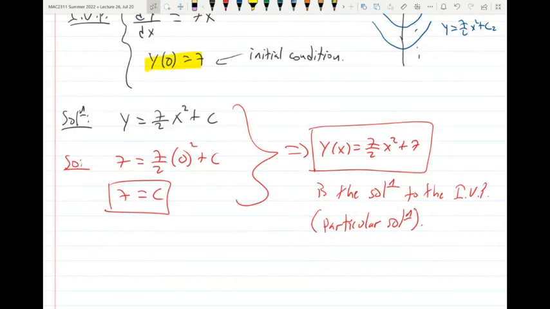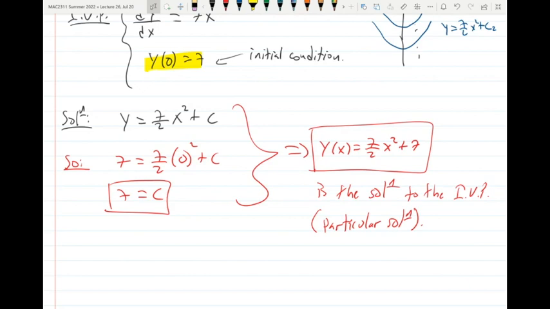Also, just another word. Remember, there's a problem like this in the homework. Velocity is the derivative of what? Of position, of the distance function. Acceleration is the second derivative of position, or the first derivative of the velocity. So there will be questions where they tell you the acceleration of an object, and they give you some initial conditions, and they want you to find the position function.